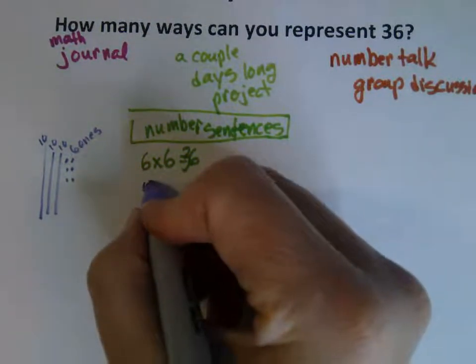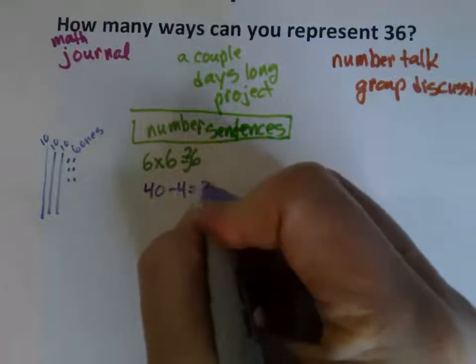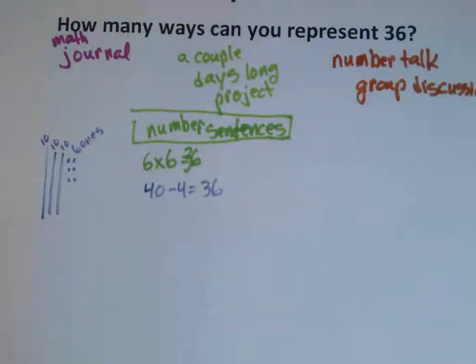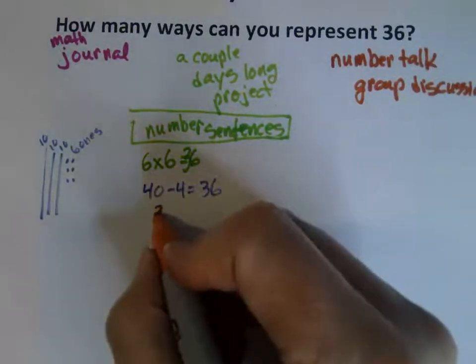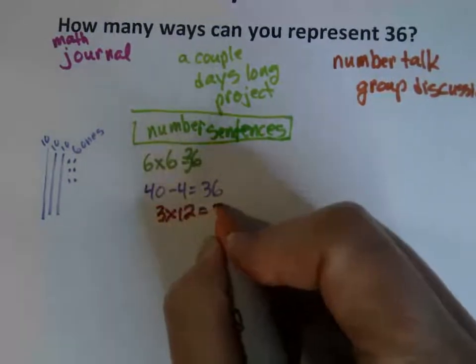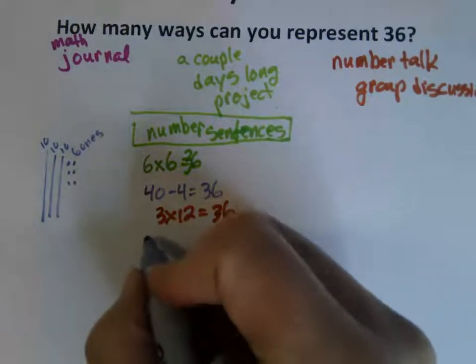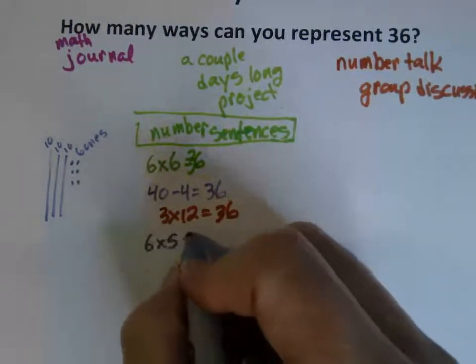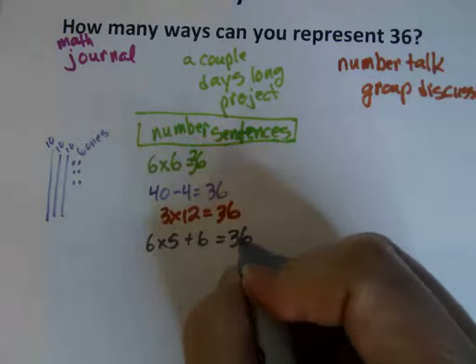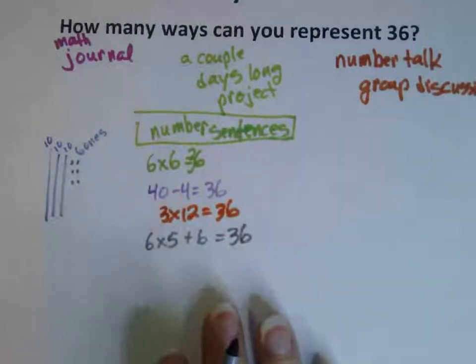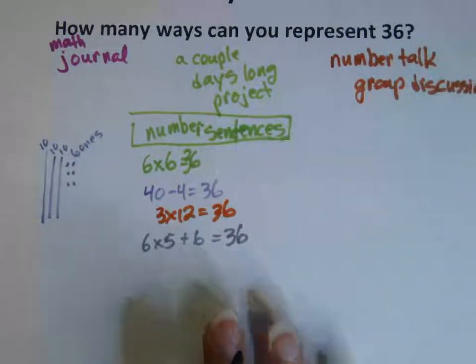Because we could say it's 40 minus 4 is 36. We could say it's 3 times 12 is 36. We could even be like obscure and say it's 6 times 5 plus 6 is 36. There's probably a million different ways to do that one.